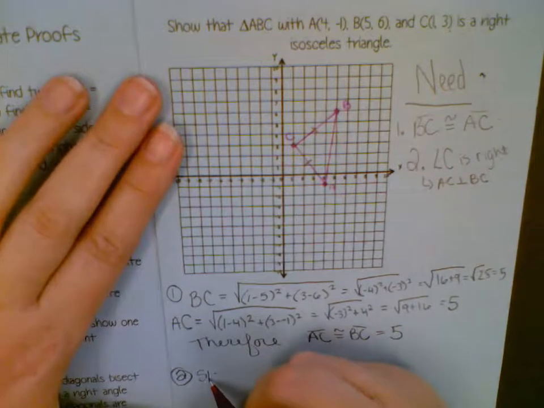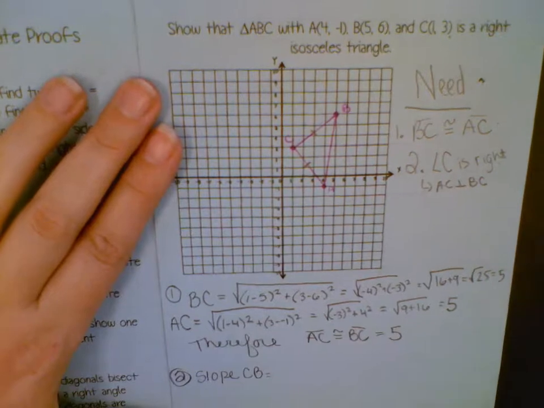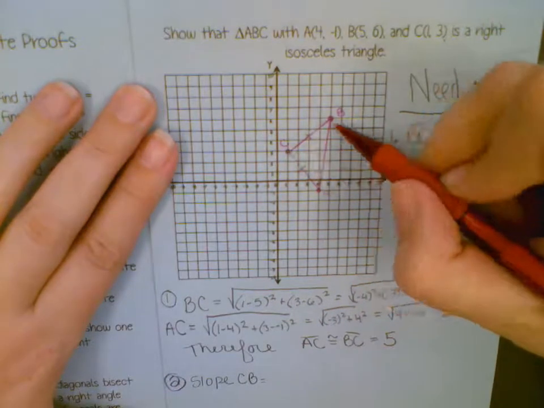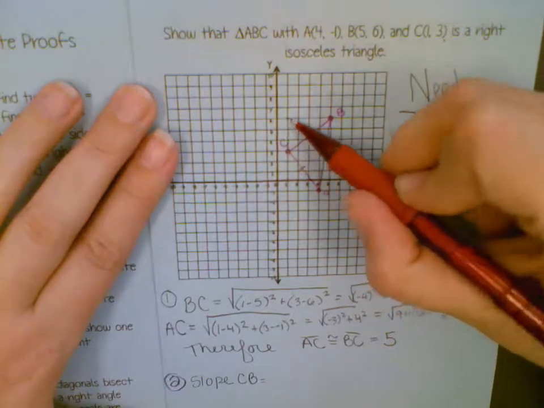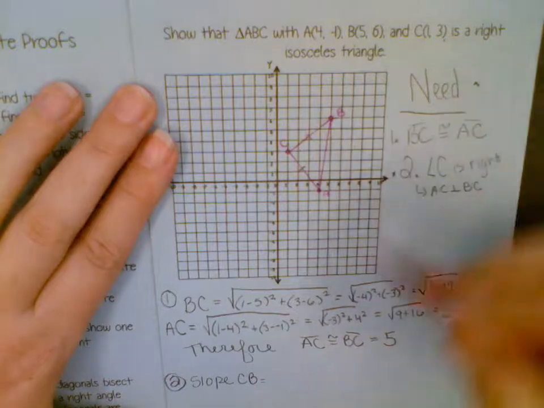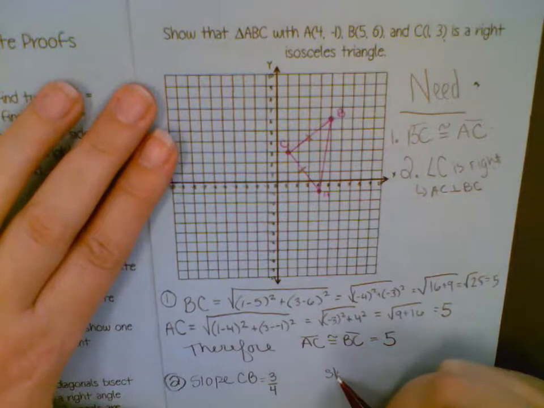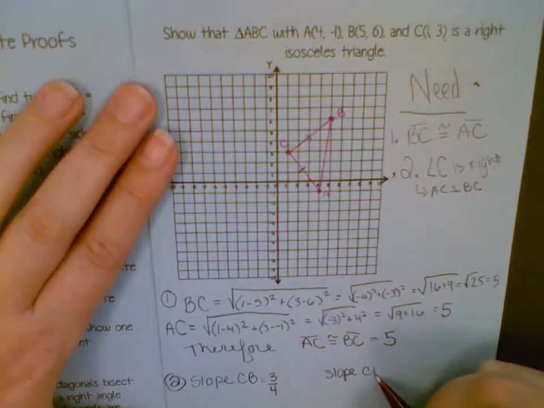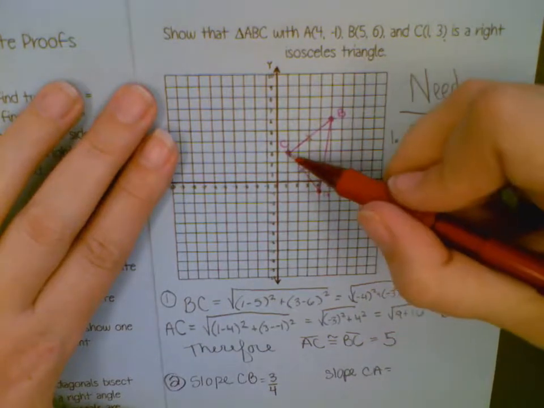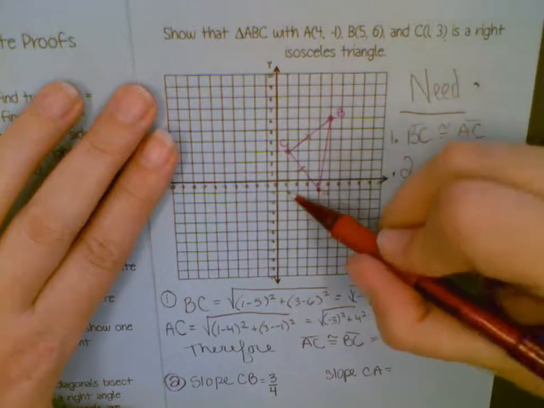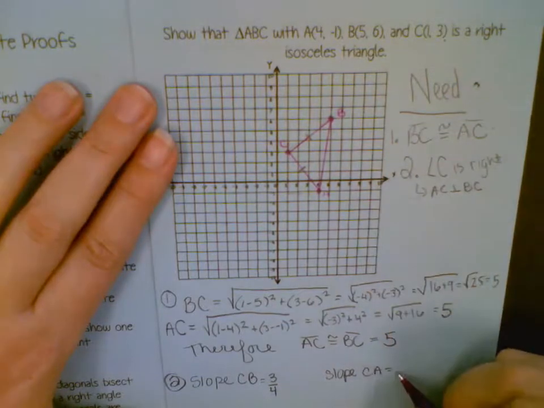So let's count the slope of CB. So remember, it's rise over run. So from C to B, we would go up 3 and to the right 4. So that'd be 3 over 4. Now we'll do the slope of CA. So that would be going down 4 and to the right 3.